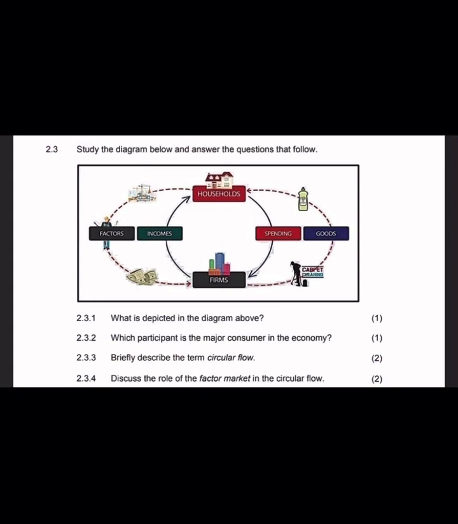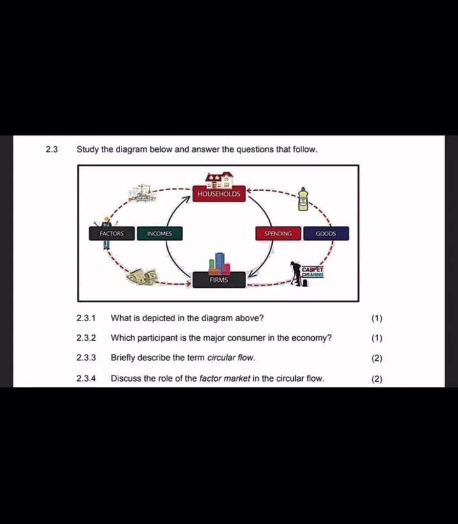So here I would say a factor market is a market where factors of production are traded. Which factors of production? I would say we trade your land for rent, and your capital for interest. We trade your labor for wages and salaries. Then you have your 2 marks.